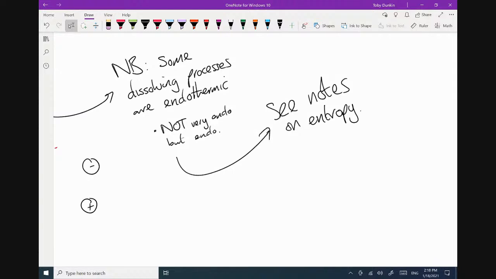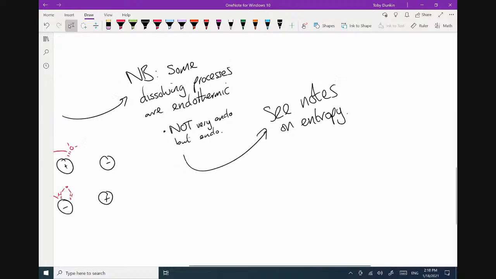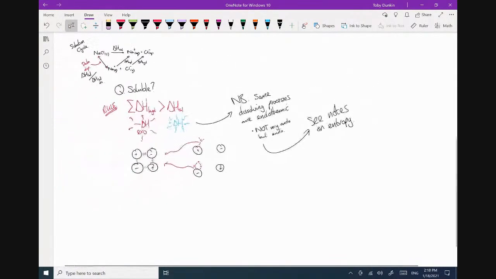But we do find dissolving processes that are endothermic, and they shouldn't exist, because that tells me it needed more energy to break the lattice than it's getting from the hydrations. So how is this possible? There must be another form of energy. There is. This comes in the form of entropy. Entropy is the energy in chaos, and we will see that in our next topic. I will come back to this process in entropy, and we will explain why these exist.